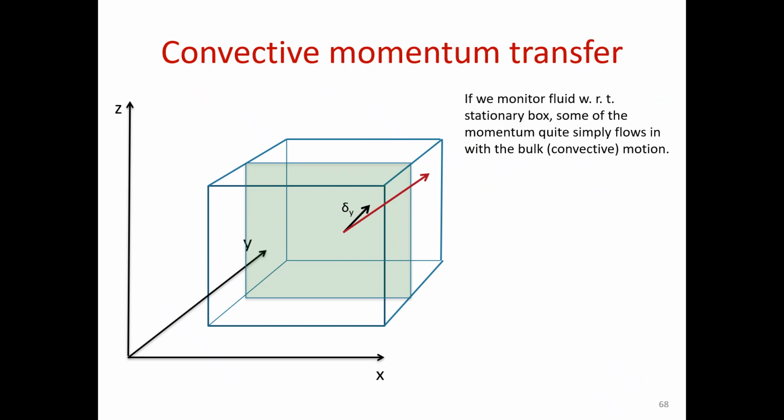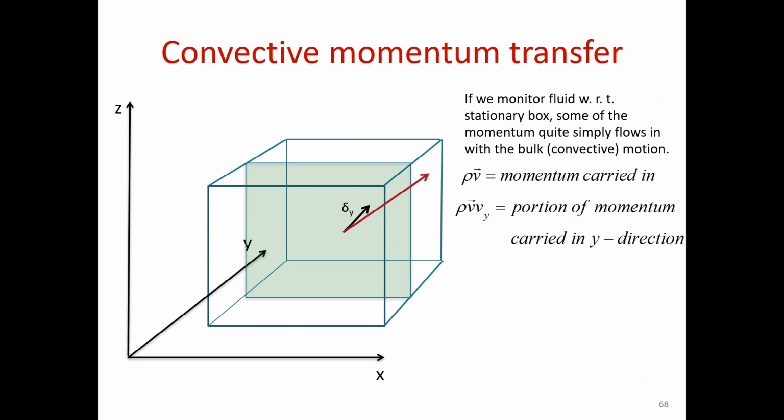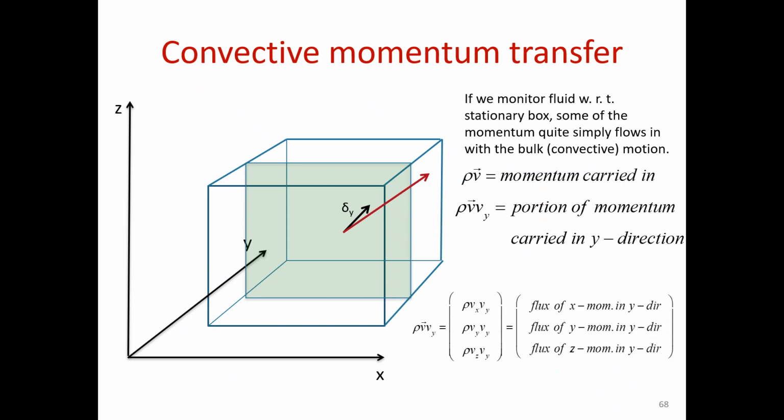And if we monitor what's actually moving in, for instance across the y plane, there is momentum rho v across the y plane moving vx. So rho v is the momentum times vx, basically momentum carried in across the y plane. That momentum has three components: vx, vy, vz.